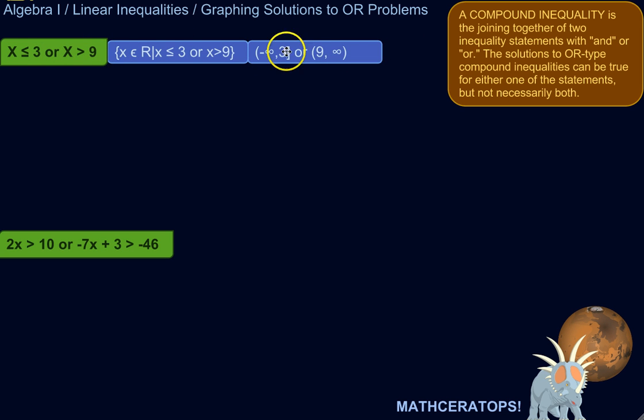But this is all, I don't know, it just looks like a bunch of symbols, right? And in fact, it is just a bunch of symbols. So let's visualize it. Let's graph it. So how would you graph these solution sets? So let us draw ourselves a number line.